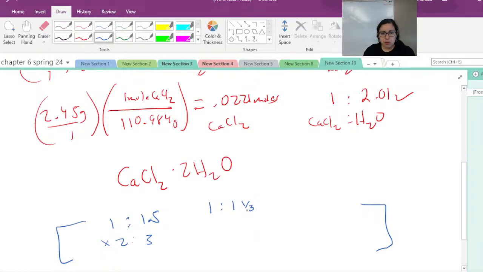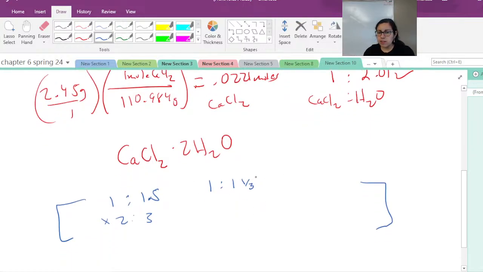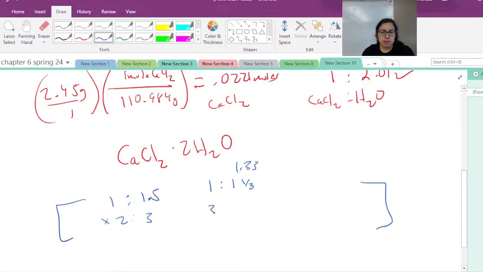Those you want to try to multiply by a whole number to get rid of the decimal. I think that's far to round sometimes. Like if you have 1.33, that could be a stretch. But if we multiply 1.33 times 3, that gives us 3 to 4.